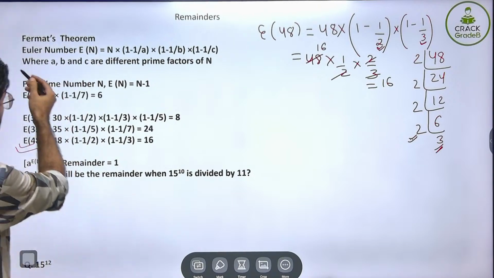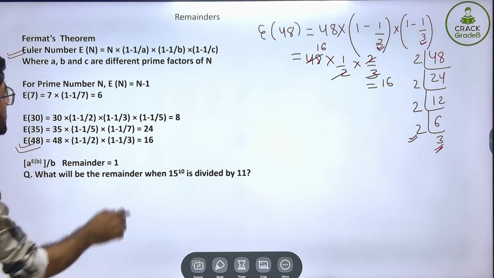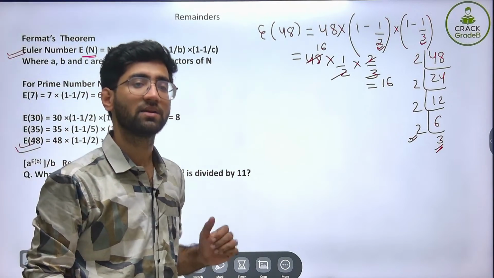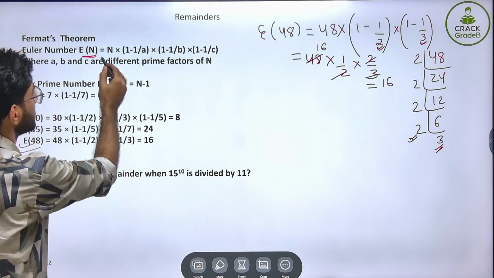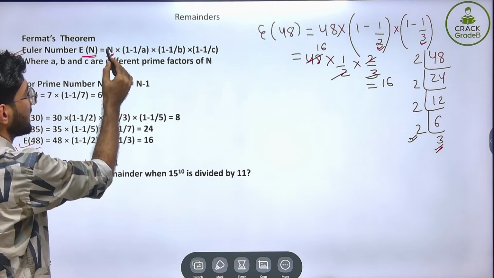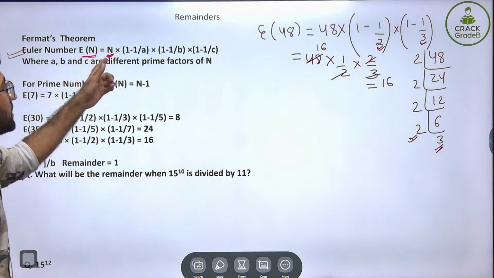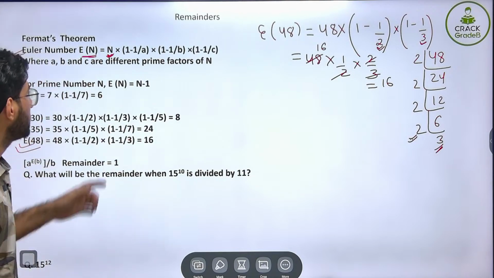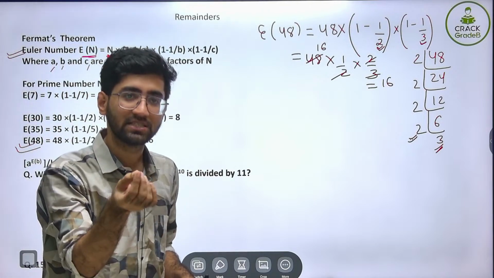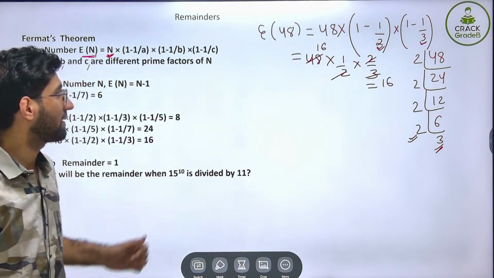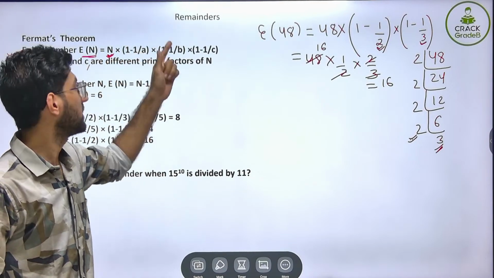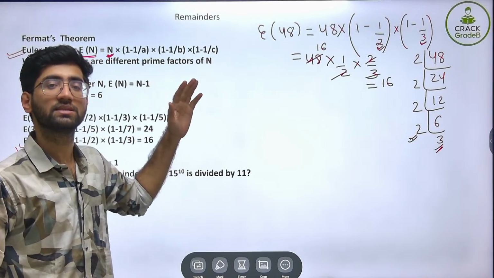Now let us look at the Euler number in general. If you have to find the Euler number of n, you will simply write n into, then you will do the prime factorization of n. If you see a, b and c as the prime numbers in the prime factorization of n, then you will write n into 1 minus 1 by a into 1 minus 1 by b into 1 minus 1 by c.